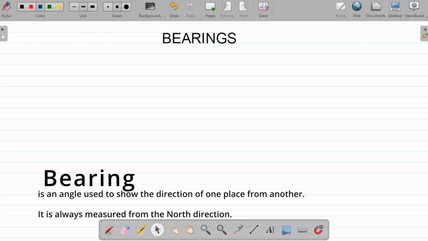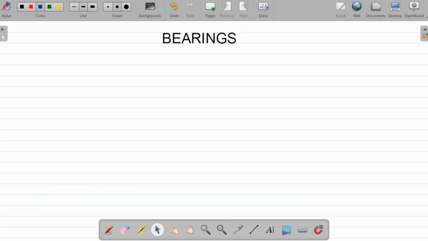So when we talk of a bearing, we are saying that a bearing is an angle. Let me write it on the screen for you. A bearing is an angle used to show the direction of one place from another.